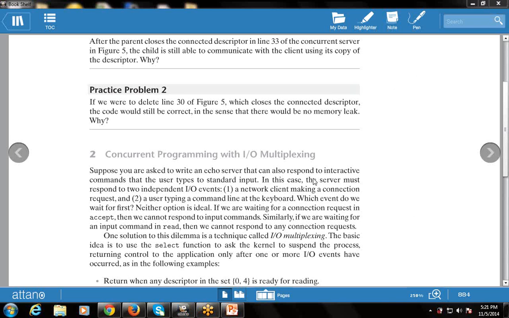Now let's start with the next topic, concurrent programming with input-output multiplexing. Till now we have covered how to perform concurrent programming with processes. That is, there is more than one process and concurrent programming among these processes. Now the next approach is how to use concurrent programming with input-output multiplexing.